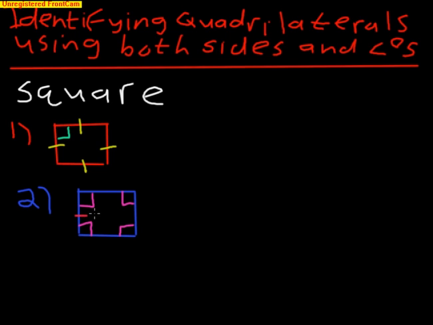So for example, if this side and this side are equal and they are adjacent because they meet together to form this 90-degree angle, that is enough information to classify it as a square. Obviously we could have used other adjacent sides. For example, if this side and this side that are adjacent to each other are equal and we have four angles that are 90 degrees, it's enough information to classify the quadrilateral as a square.